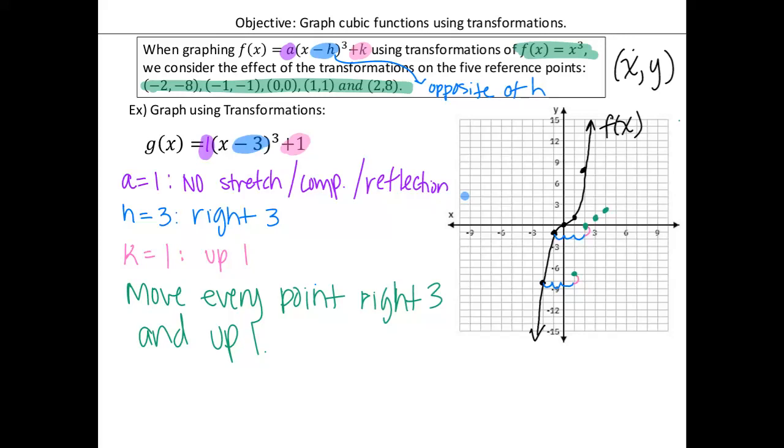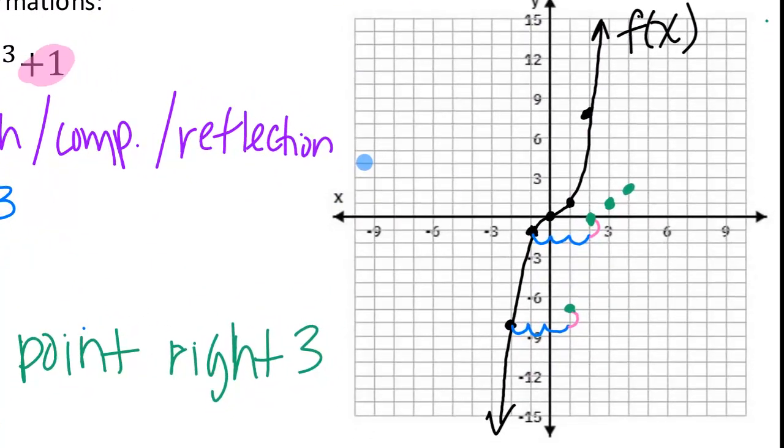And then your last coordinate point, I don't know if you guys can see that, so I'll zoom in a little bit. So then my next point right here, I'm going to move it to the right 3 times and then up once. So I end up at like (5, 9). 1, 2, 3, up once.